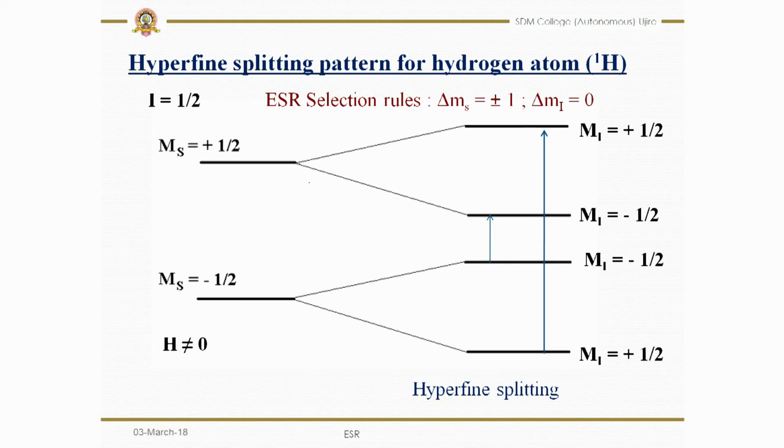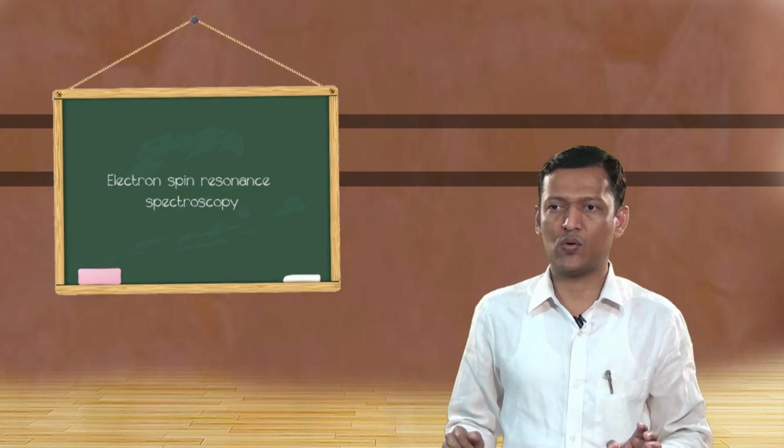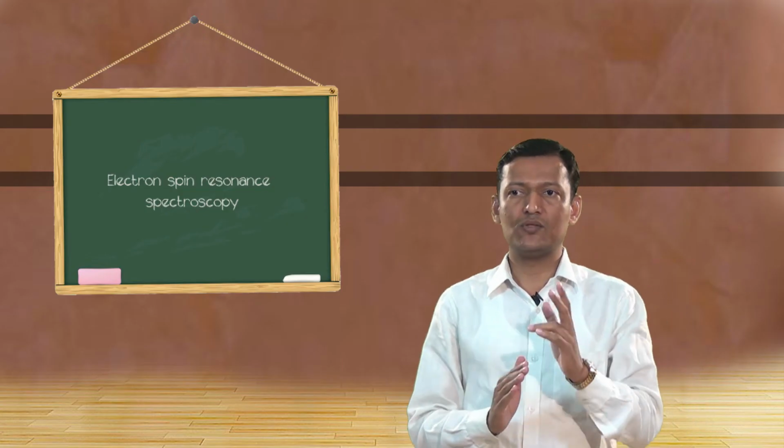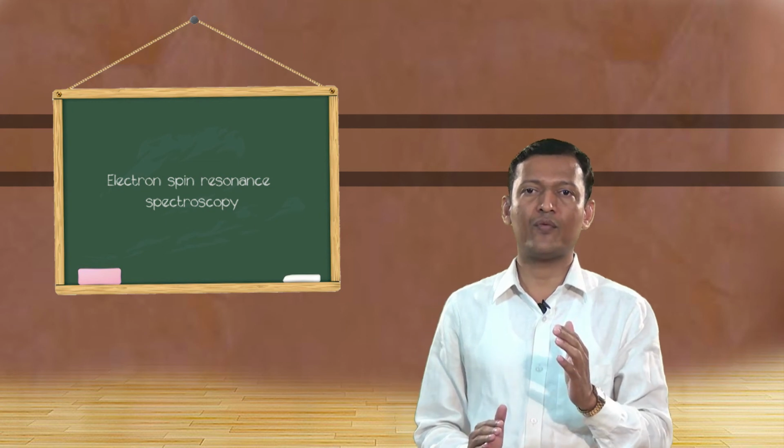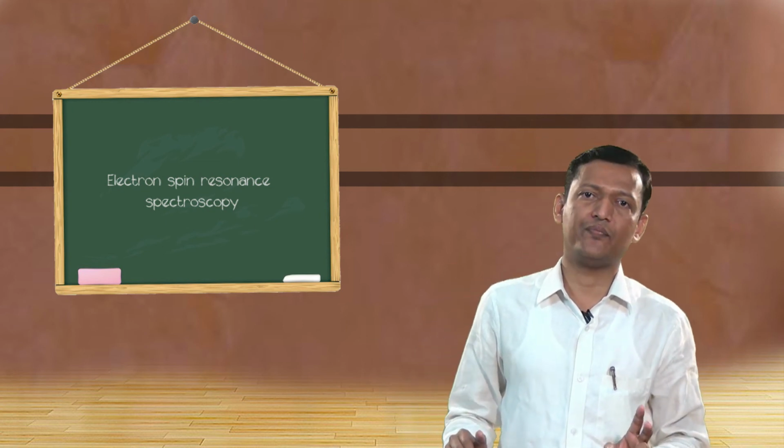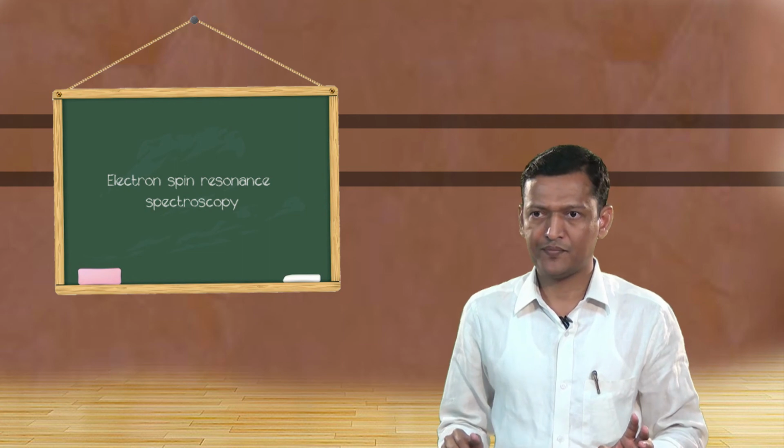So as we can see on this screen, if we apply this ESR selection rule, we find that only two transitions are allowed as per this rule. So we find two transitions, and therefore we are going to get two lines in the ESR spectrum.